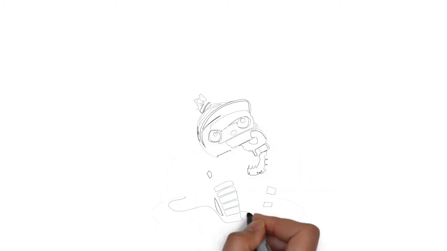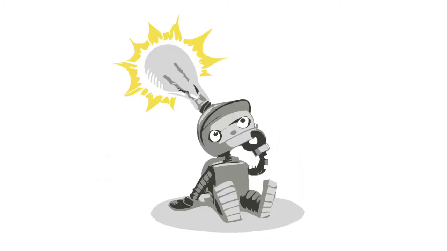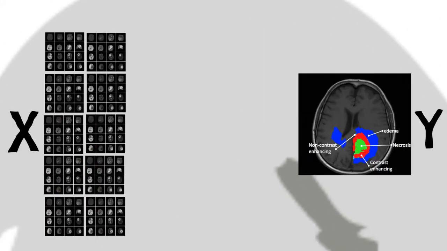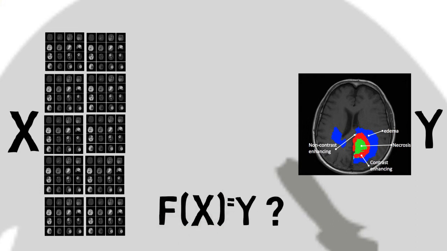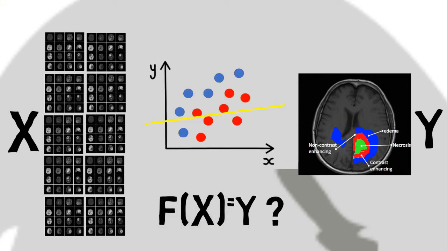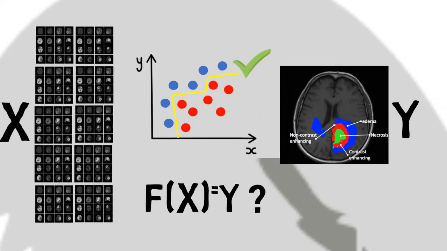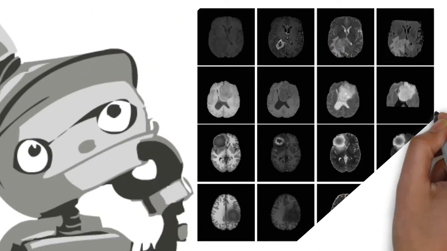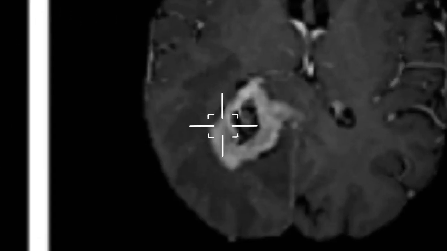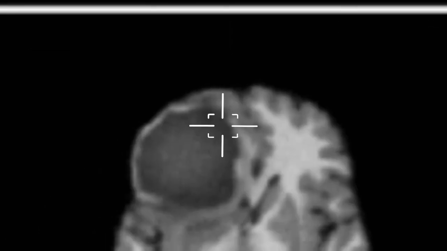Once this is done, a machine learning algorithm is used to find a mapping between the image content and the information annotated by the expert. This phase is known as training, and the result is a computer model that can now reproduce the annotation task from the expert.